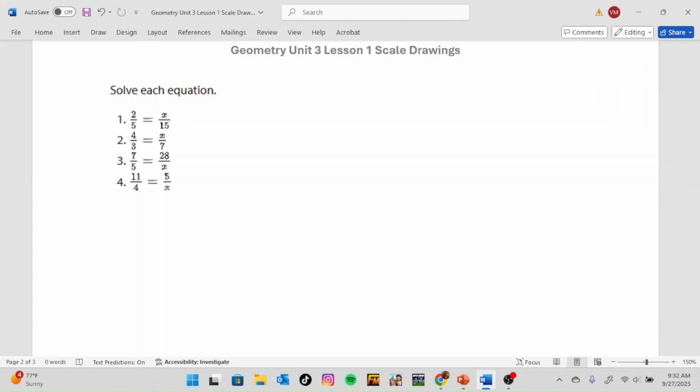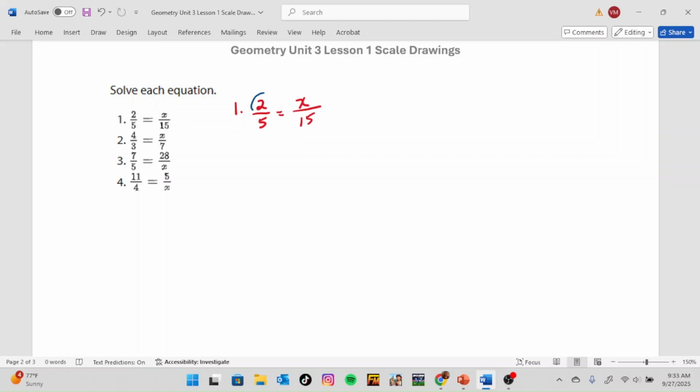So for number 1, we've got 2 over 5 equal to x over 15. What we're going to do is we're going to cross multiply.